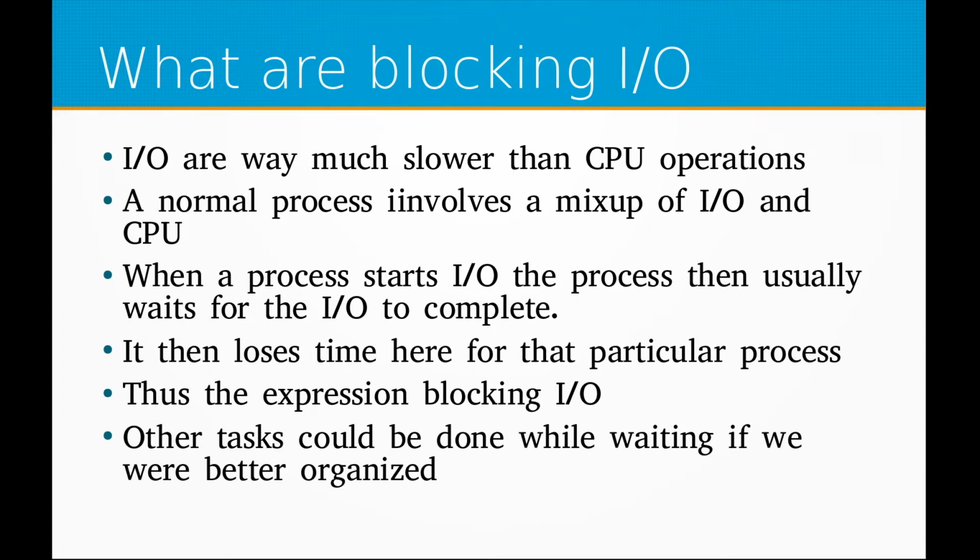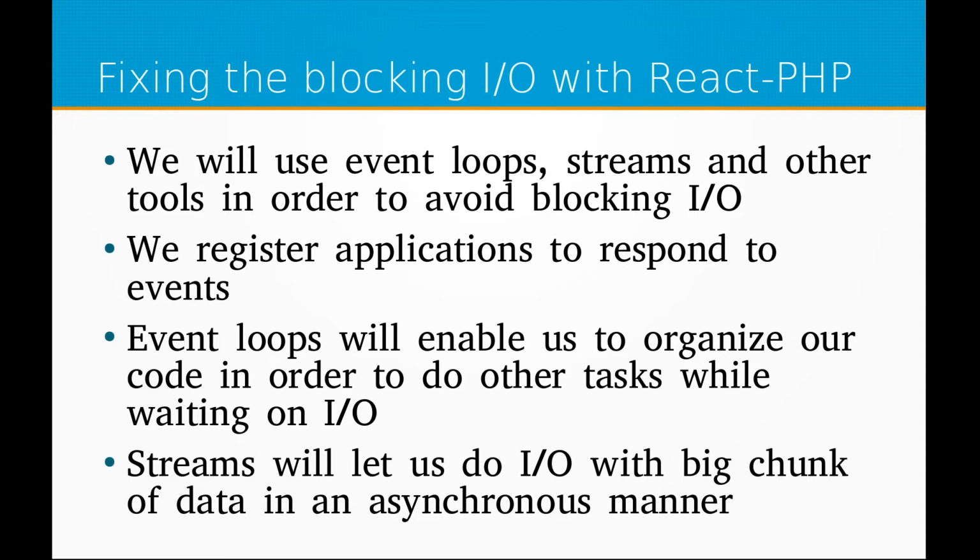A CPU process is really, really fast. So you lose time in that process, thus the expression blocking I/O. If you could use that waiting time to do something else, that would help. In our case, it's a Drupal website, so we'll see afterwards how it's been done by PHP-PM.